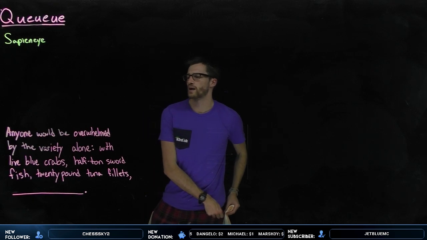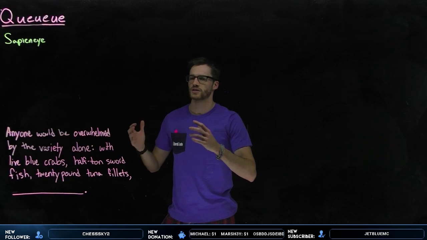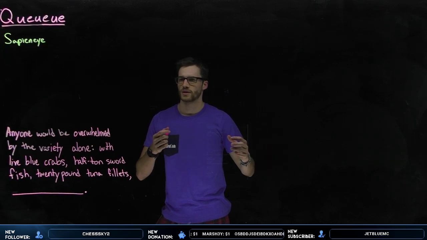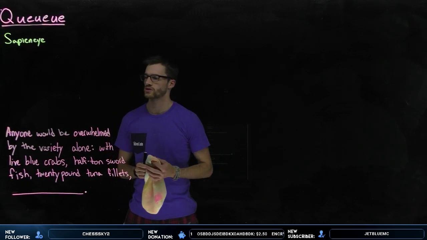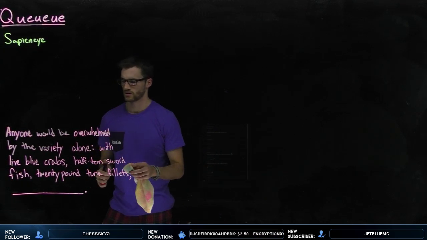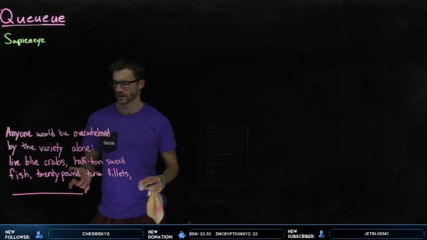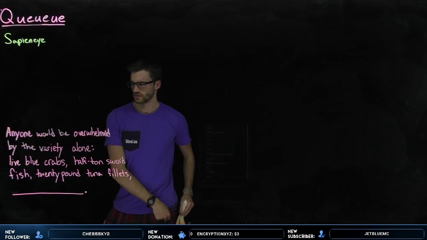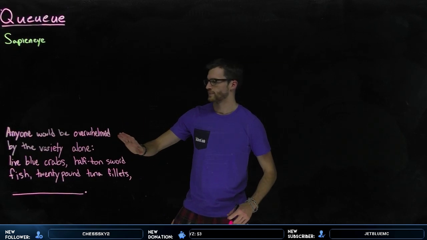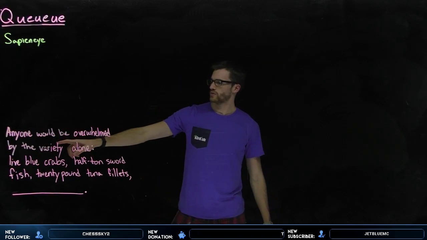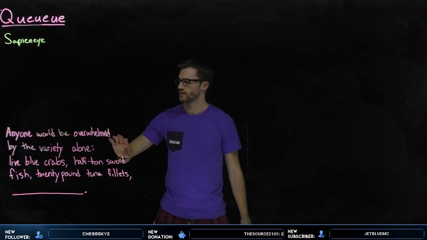But I would want a comma there, just because it's saying a variety of seafood with these things. Well, remember, the with is taken out if you use the colon. The with is underlined, so we don't need with. So I think that's right. Yeah, this is way better. So anyway, it should be a colon. Great. And if that's confusing to you, let me know. Anyone would be overwhelmed by the variety alone.